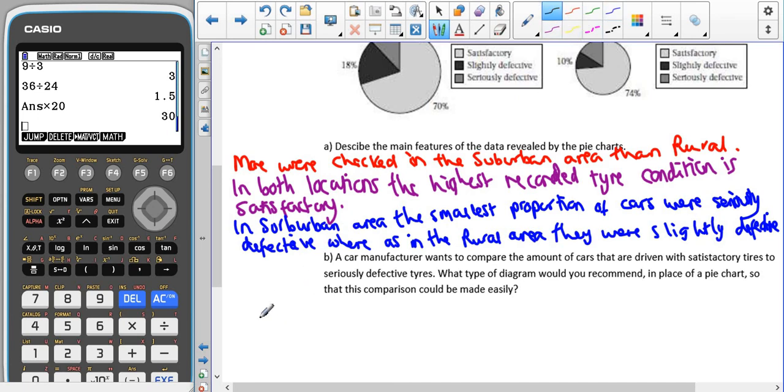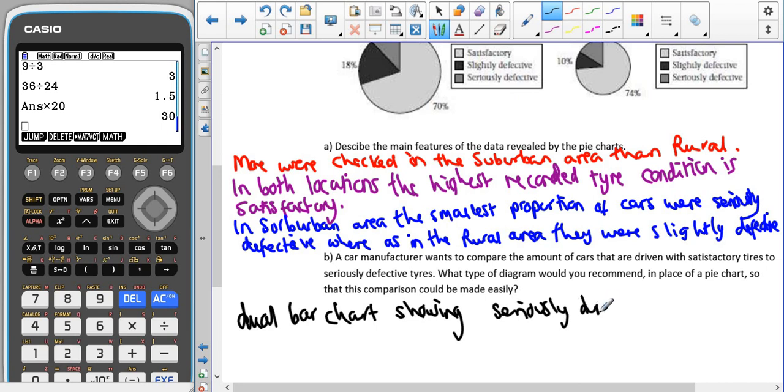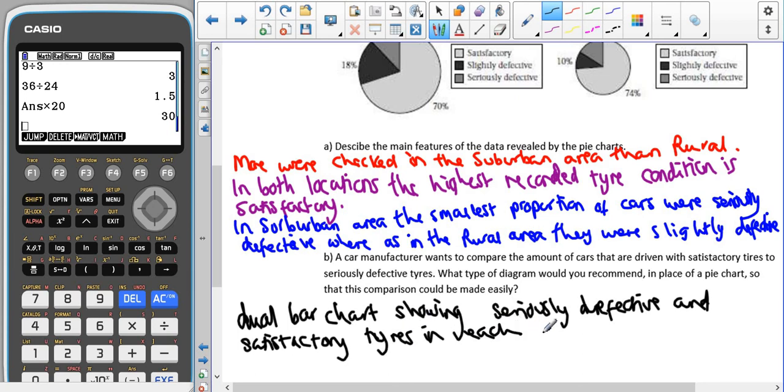So again, we could say a Geo Bar Chart showing seriously defective and satisfactory tyres in each area.